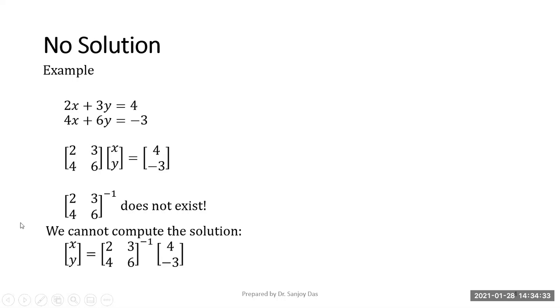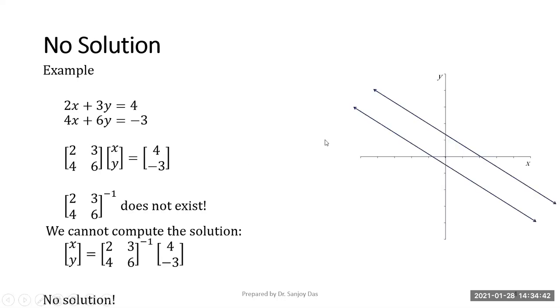Therefore, we cannot compute the solution. Graphically, let's see what's going on. This is the first equation, 2x plus 3y equals 4. This is the second equation, 4x plus 6y equals -3. There is no intersection because these two lines are parallel. And that's the reason there is no solution.